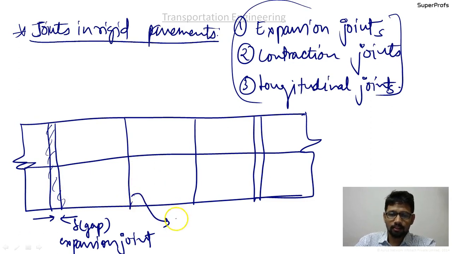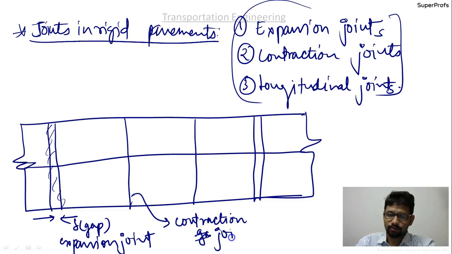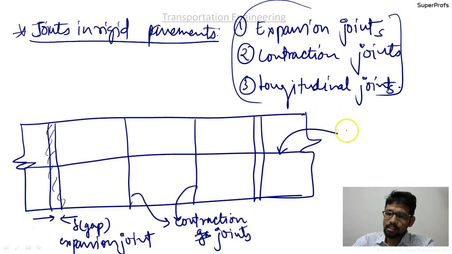There will be a few lines, those are the contraction joints, the lines between the two expansion joints. This one and this one also. And this line along the longitudinal direction of the pavement is the longitudinal joint.